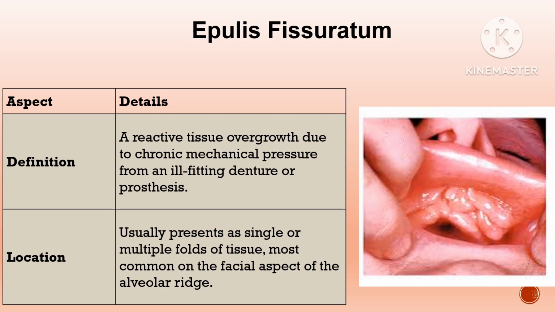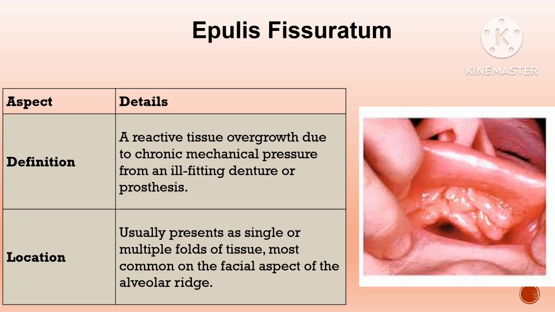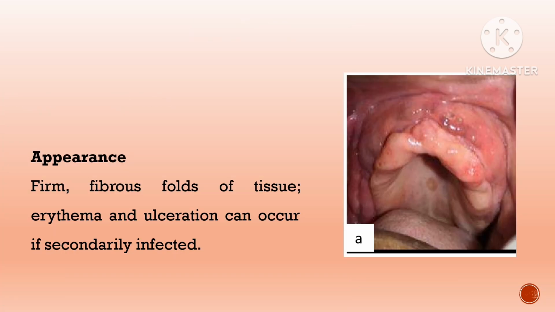This lesion is typically smooth, fibrous, and often pink in color, but it can also appear red due to mild irritation or ulceration. The tissue may appear folded or redundant and often follows the contour of the denture. The size may vary from small localized growth to larger or more diffuse masses.